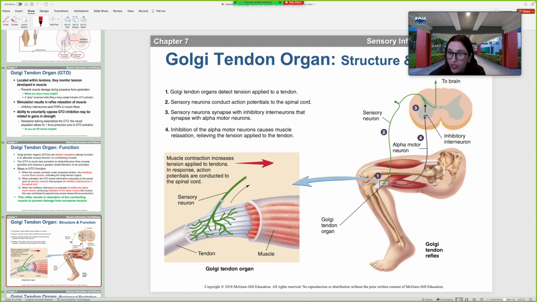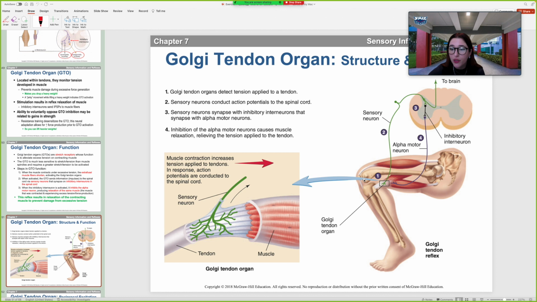So if we're stimulating this inhibitory interneuron, then we're telling it to do its job, which is inhibition, right? That's the job of the inhibitory interneuron. So we stimulate this inhibitory interneuron, which inhibits the alpha motor neuron. Inhibition of the alpha motor neuron causes muscle relaxation, therefore relieving the tension applied to the tendon, right?